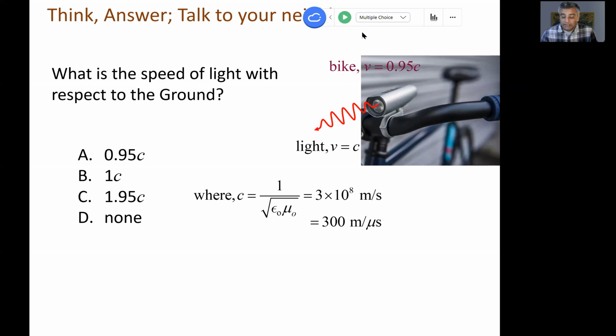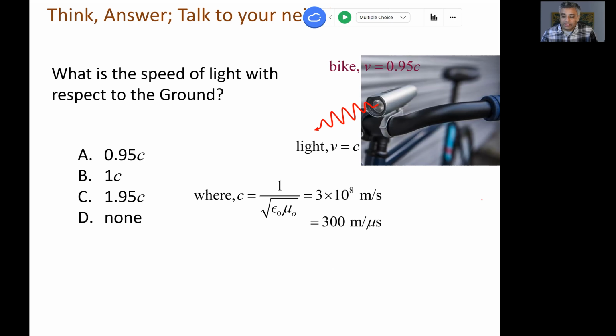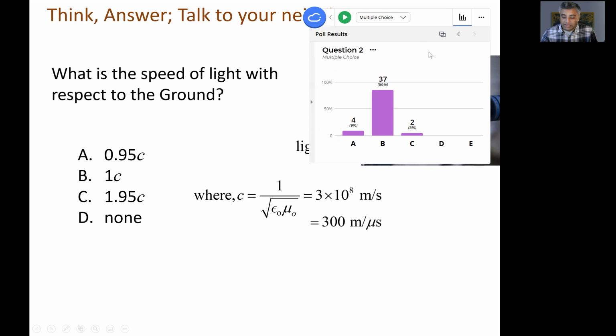Okay, so this bike is a super bike. Should I call it super bike? Because it's moving at 95% the speed of light, 0.95 times c, and the light comes out as c, right? So now let's see, what did we get?